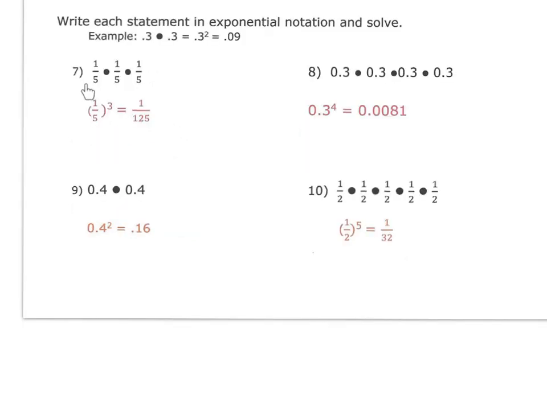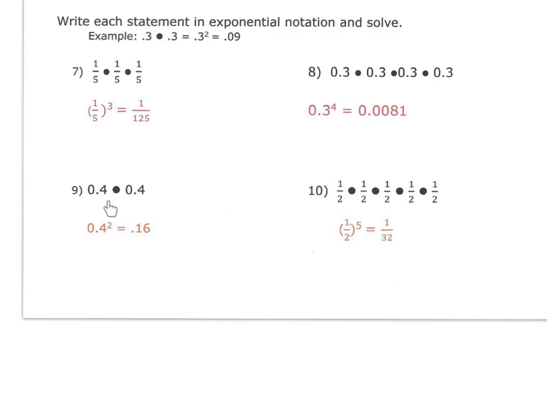Number 7, for this section, you had to write each statement in exponential notation, which means using exponents, and then solve. So 1/5 times 1/5 times 1/5 is 1/5 cubed, which is the same as 1 over 125. Number 8, 0.3 times 0.3 times 0.3 times 0.3 is, I should say, 3/10 to the 4th power, which equals 0.0081.